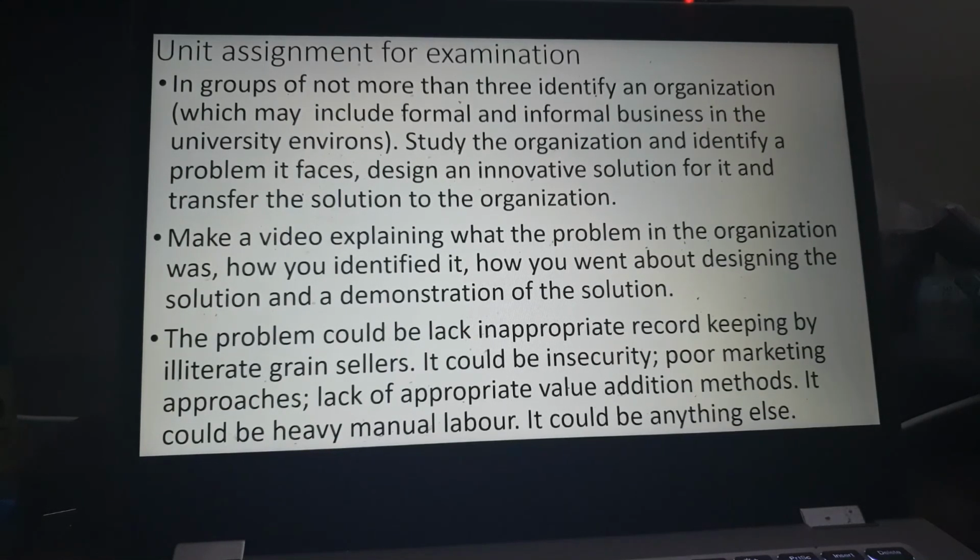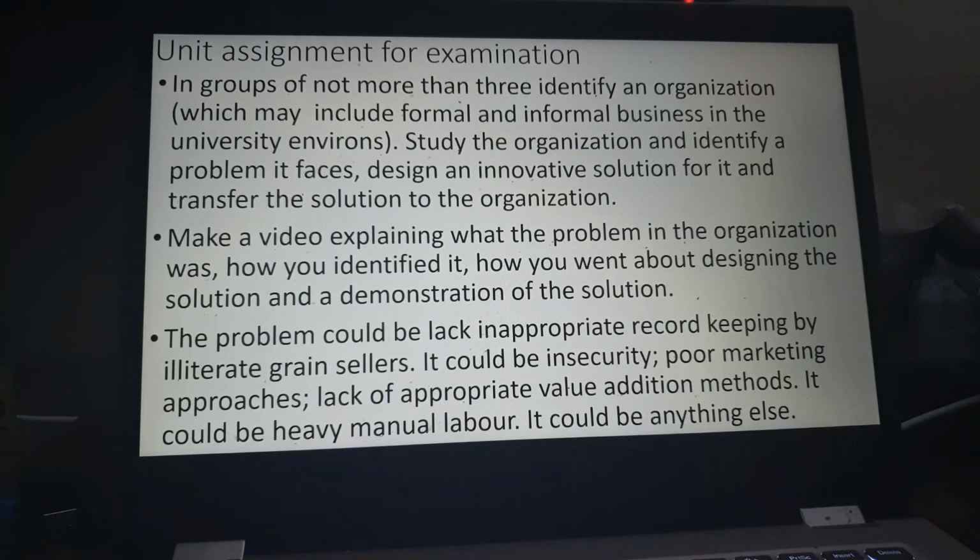Now, the problem could be lack of appropriate record keeping by illiterate grain sellers. Yes, in class you have been taught accounting, bookkeeping, double entry, but that illiterate mama mboga who is selling grains doesn't know how to do double entry, yet she needs to keep records.